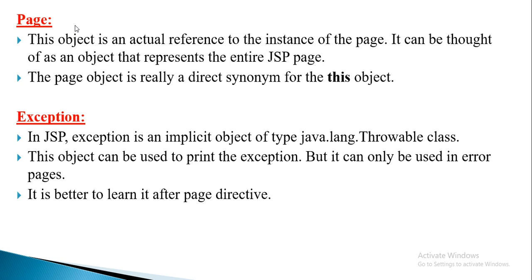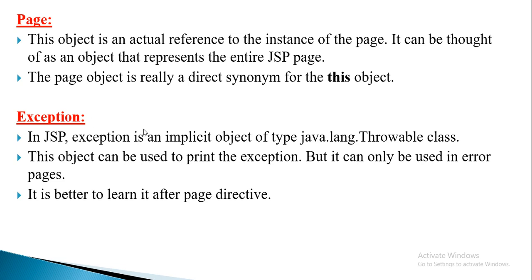Page implicit object is like the this object which is used in your Java. It is assigned to the instance of the JSP implementation class declared as an object, which represents the entire JSP page.